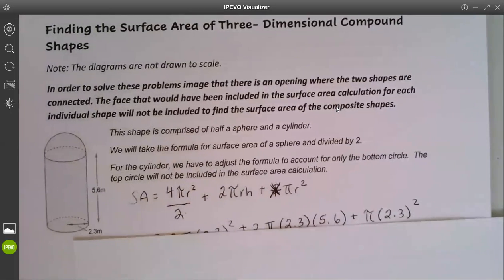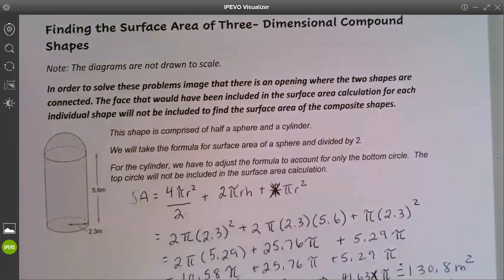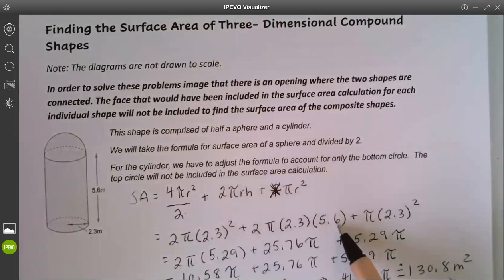And in the calculation that follows, I am substituting in my values for r and h. So first of all, 4 divided by 2 simplifies to give us 2. So I have 2 pi, I replace r with 2.3, plus 2 pi, replace r, replace h, plus pi, replace r, and it's squared.